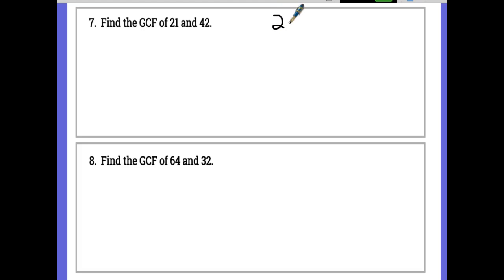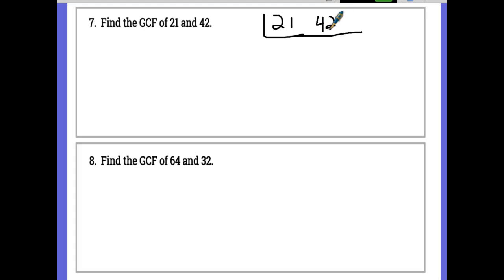Okay, so now 21 and 42. Smallest prime number. And I'm looking at 42. I want to know if 3, because I'm thinking 3 is going to work, can go into 42. And the way you can check and see if a number is divisible by 3 is add these two numbers together.